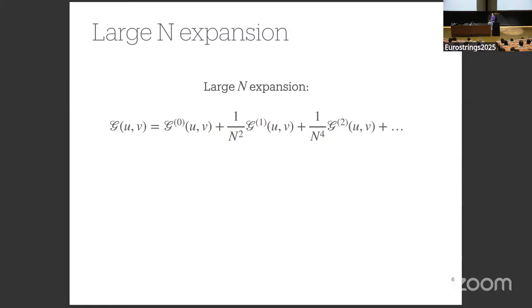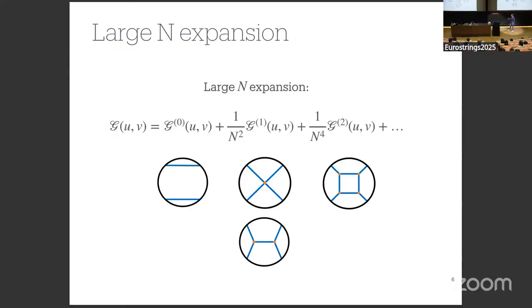Now, what is the logic? The logic is that I'm going to take my 4-point function and expand it in large n, as I said. There will be a leading term, then a sub-leading term that goes like 1 over n squared, then another term which goes like 1 over n to the 4, and so on and so forth. If we think about that in the holographic context, the one that I introduced before and will discuss a bit later, the G0 term corresponds to just a disconnected diagram here.